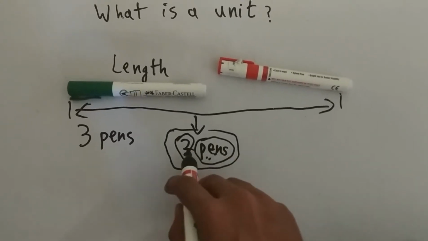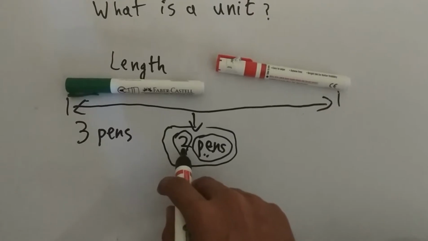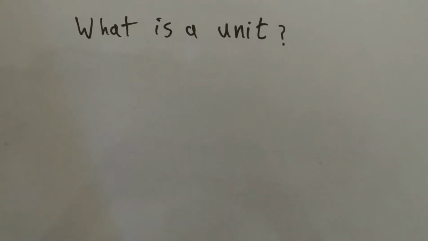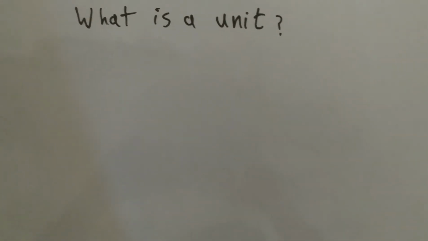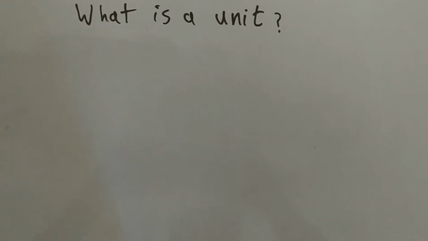Pen is just a unit, 2 is just a number or a multiplier. When you combine both together, that gives new meaning. Now, you can define length with pens, you can define length with rods, you can define length with anything. Similarly with time and speed, etc.